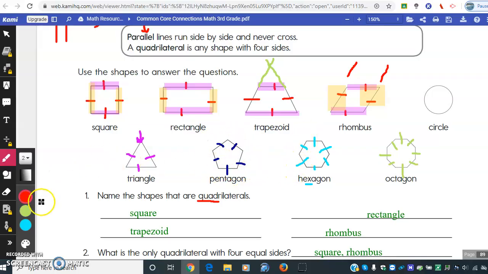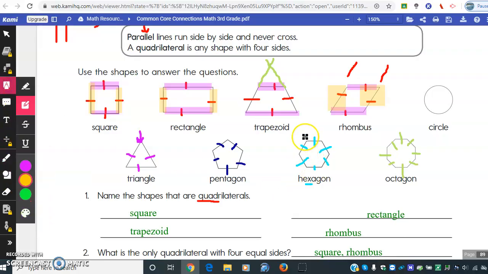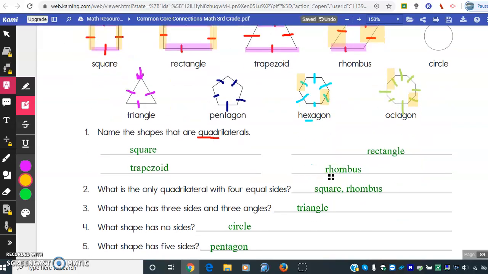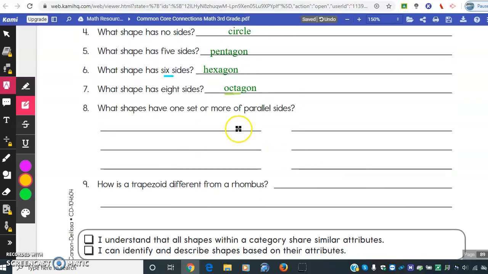Now over here, on my hexagon, I've got these two lines which seem to be going the same direction. There we go. This one and this one. Those seem to be working. On my octagon, I have this one and this one. When I get down here, they're looking for 1, 2, 3, 4, 5, 6 shapes.